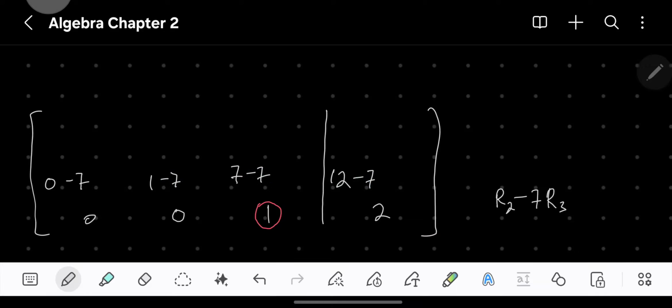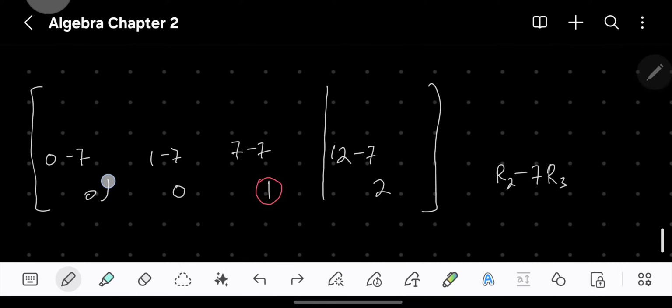R3 is this, so I will write 0. This is R3, so 0. This is R3, so 1. This is coming from R3, so 2.